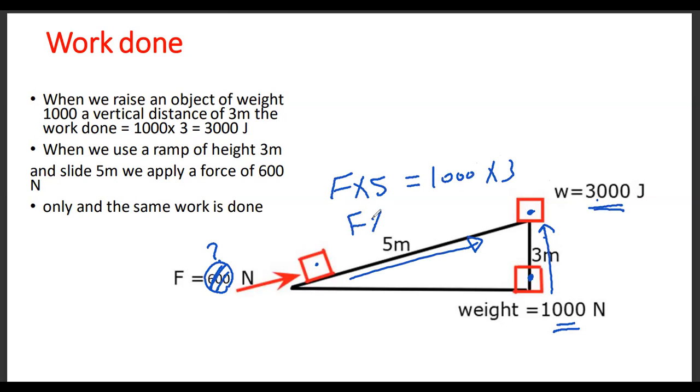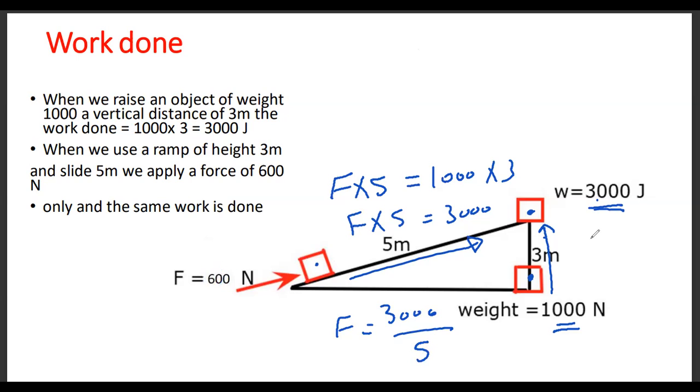That means F times 5 equals 3000. So F equals 3000 divided by 5, which gives 600 Newton. So the applied force here is 600 Newton.